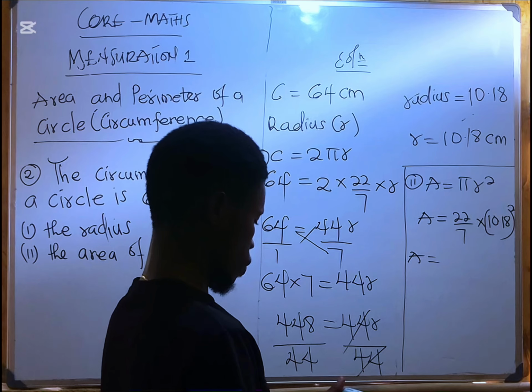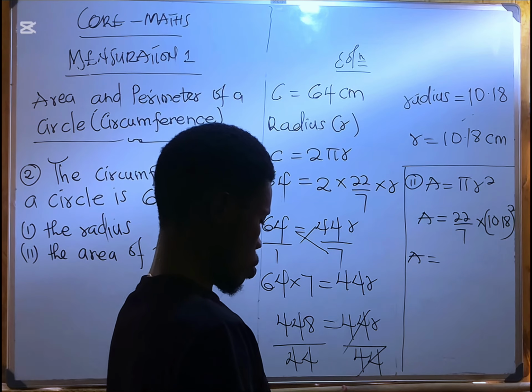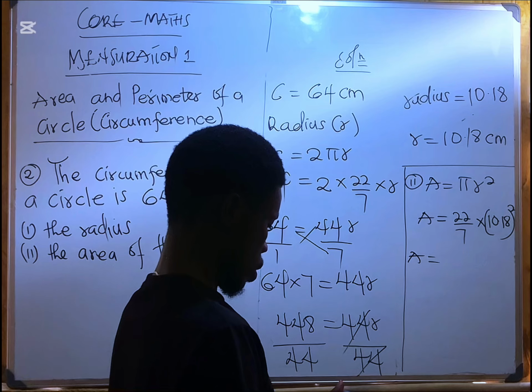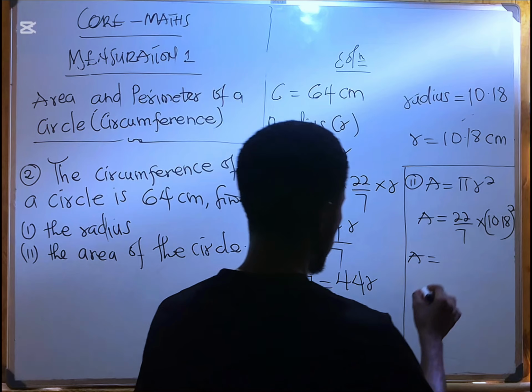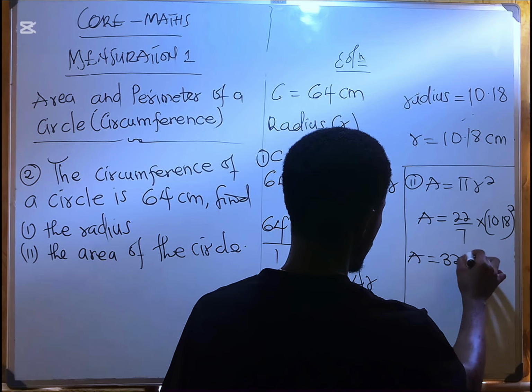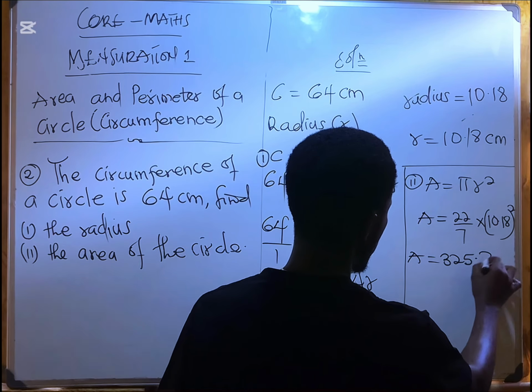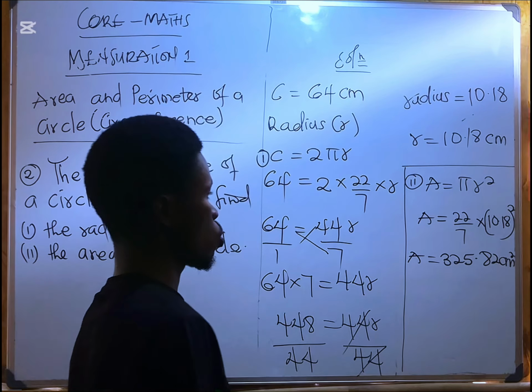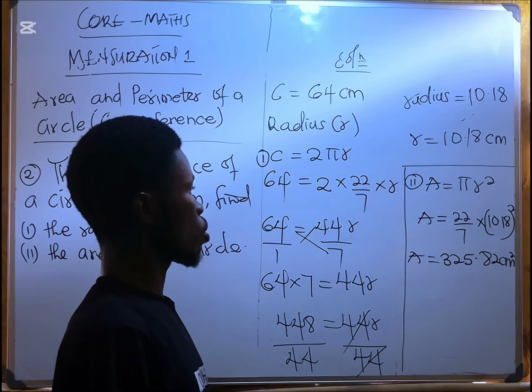You are going to have 22 over 7 times 10.18 squared. That gives us 325.82 centimeters squared. So the area is equal to that.